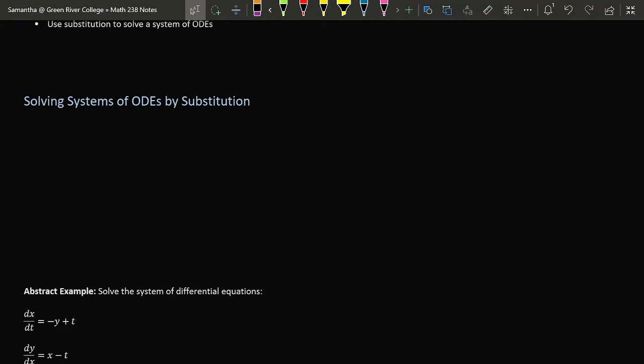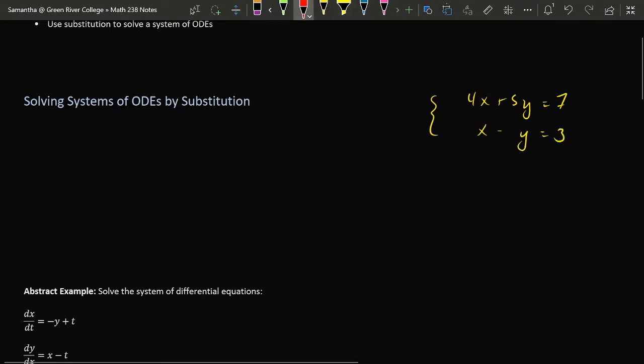algebraic equation by substitution. You had examples something like 4x plus 5y equals 7, x minus y equals 3, and you took one of those equations and you isolated one of the variables and expressed x in terms of an expression containing only y, or vice versa.